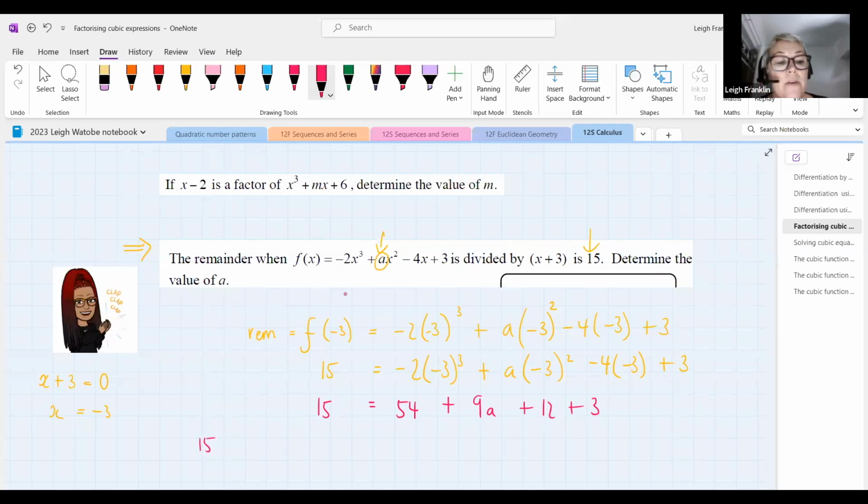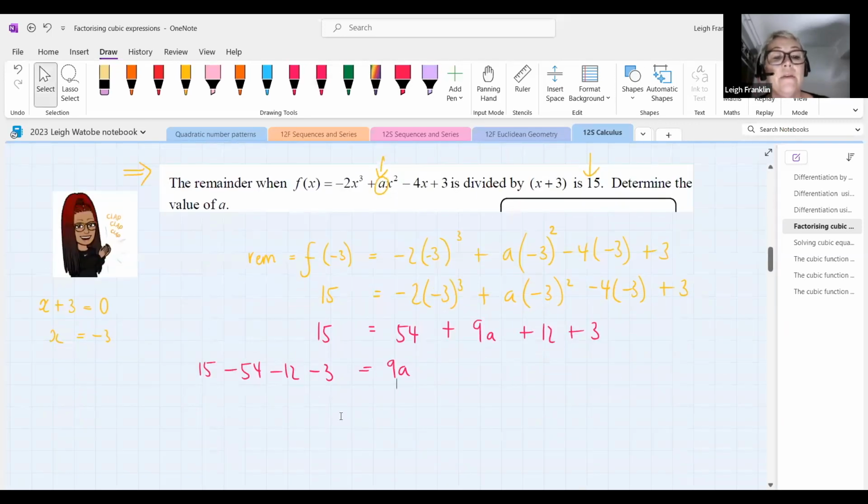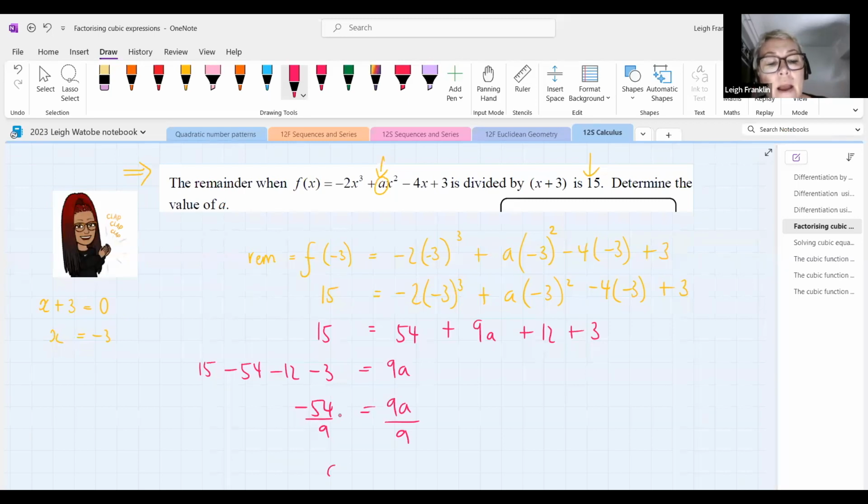So we would have had 15 minus 54 minus 12 minus 3 is 9a, which would have given us, I'm getting negative 6. So that would have given you negative 54 equals 9a. Divide both sides by 9, and a would be equal to negative 6. There we go. Okay, so negative 6 is indeed the correct answer.